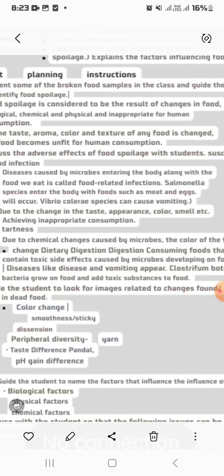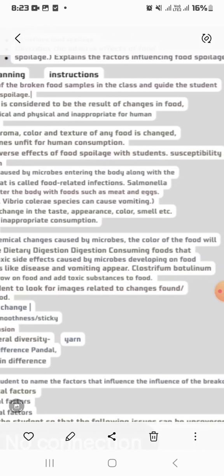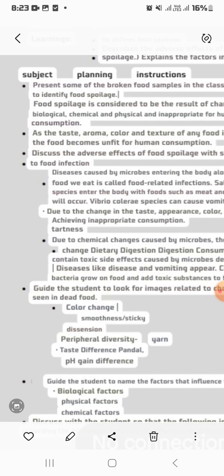So the next one is to guide the students to look for images related to changes seen in spoiled food. So what are the changes that appear in the food when it gets spoiled? Color change, smoothness or stickiness. In Tamil we say ottum tanmai or valuvaluppu tanmai.